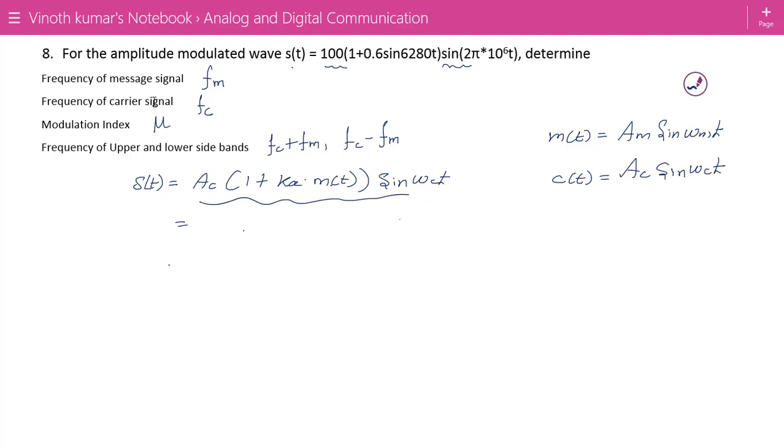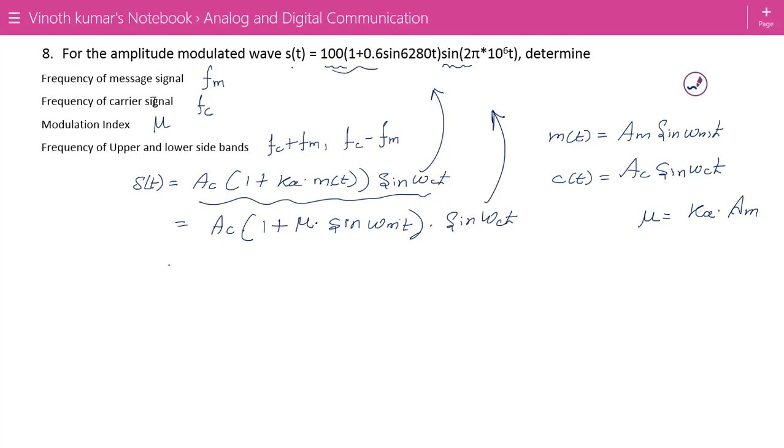So rewriting this expression according to the question, this can be written as AC into 1 plus mu sine omega m t into sine omega c t, where mu is equal to Ka into Am. So comparing this with the given question, we can relate AC as 100 volts.